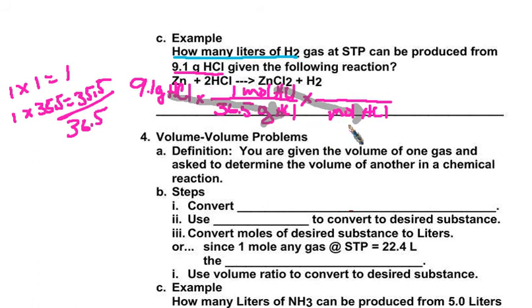Oh, there's a 2 right there for the HCl. Our target now is liters of H2. Where's H2? It's right there. That's going to give us 1 mole of H2. And we are now in moles of our given. Again, use the tool. Moles of H2 are going to come down here on the bottom of this next fraction.